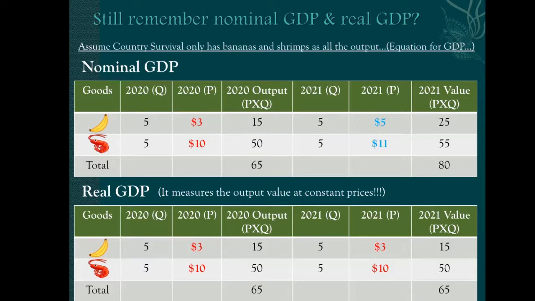So from there we can go back to what we have learned, the difference between nominal GDP and real GDP. Sometimes you may see some illusions from the nominal GDP data, but for real GDP, when you are using a constant price level, you'll be able to see the real picture of the output in your economy.